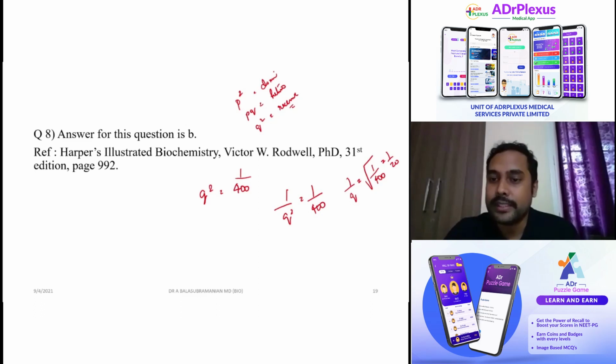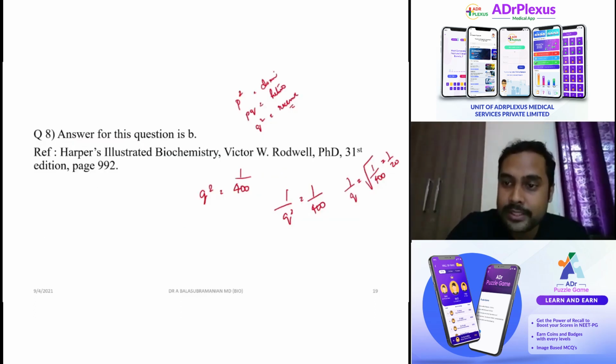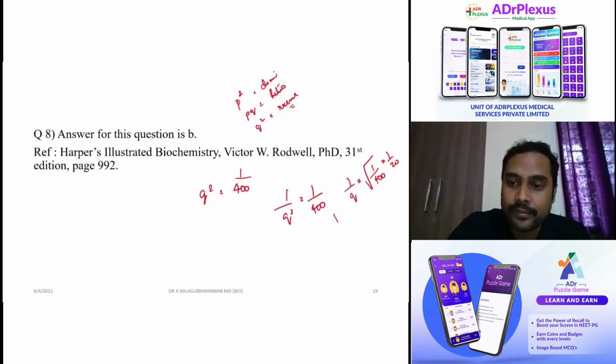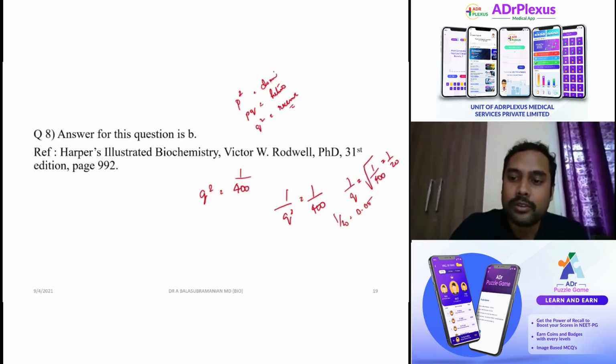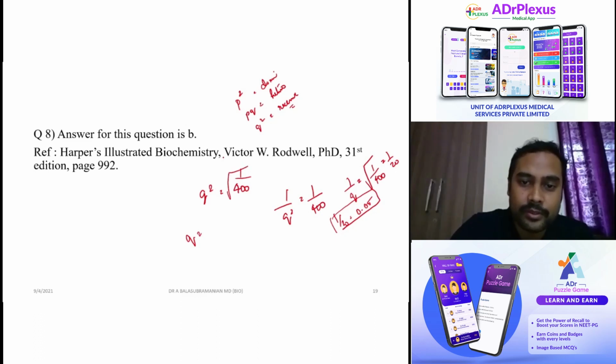So how much is the Q value? 1 by 20, nothing but 0.05. Am I right? 0.05. Right. So Q square is 1 by 400, and the root of 1 by 400 is 0.05.